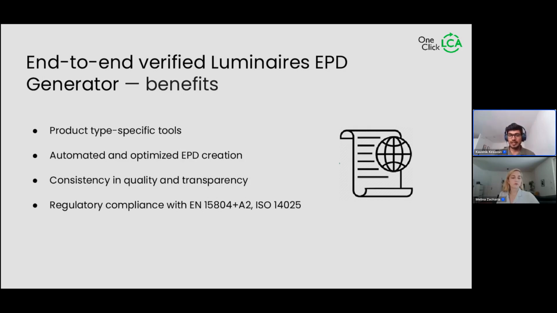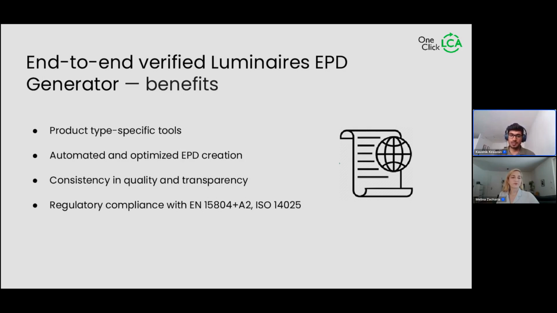End-to-end verified tools are usually product specific. The Luminaire generator is one of the first that we have of this kind. It's automated and optimized in such a way that there's very little work required from the user's side, as we'll see. And since it's already verified with EPD Hub, it also leads to quite a number of key features and benefits, which we'll come to in just a bit.